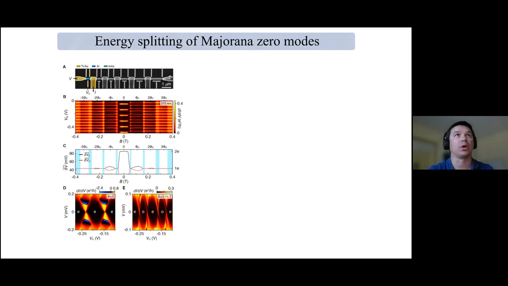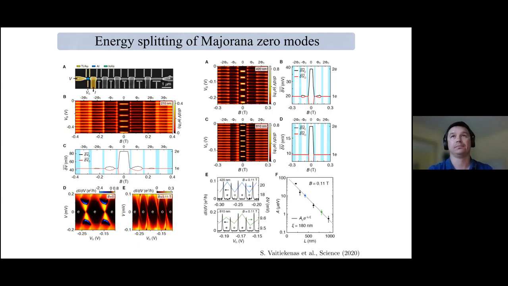So the wire was nominally the same. It's the same grown wire coated with a superconductor. All the experimentalists did is just define different lengths of these wires and define gates and try to measure conductance to different sections. And this is what they find.